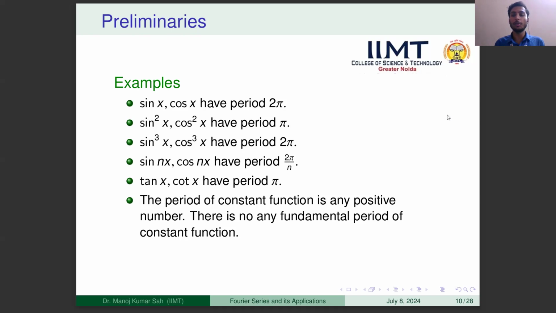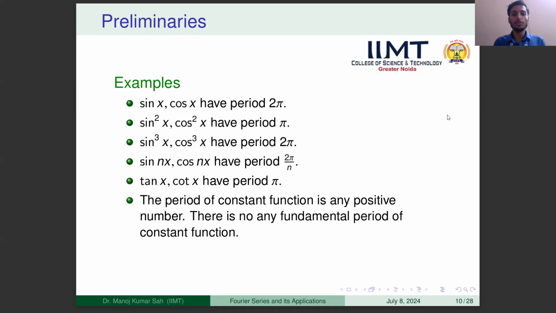Now, if you add any positive number p, f of x plus p, you will get the constant c. If you add again f of x plus 2p, we again get the same constant c, and so on. Therefore, you are able to say the period of a constant function is any positive number.